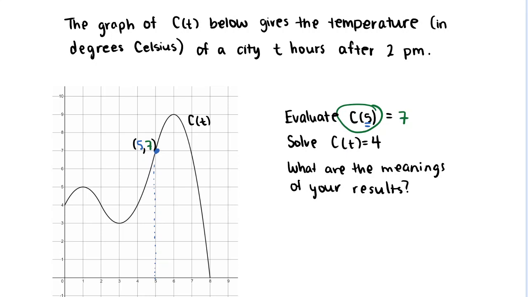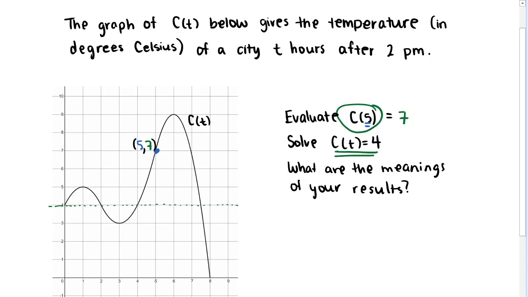Now this next problem says solve c of t is equal to 4. This is saying the output is equal to 4. What corresponding inputs give us an output of 4? So I'm going to look at this graph. These are all the points with a y value of 4.